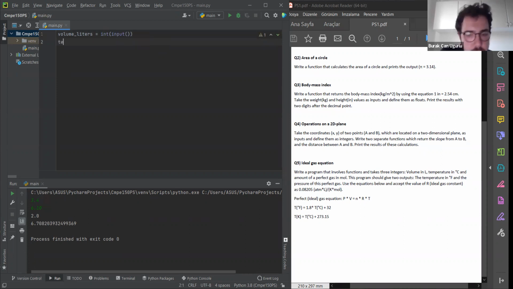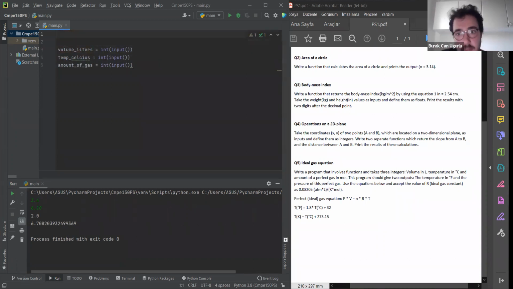Then temperature in Celsius, and also the amount of gas. Okay. So we will take these inputs, and we will call them as parameters in our functions.